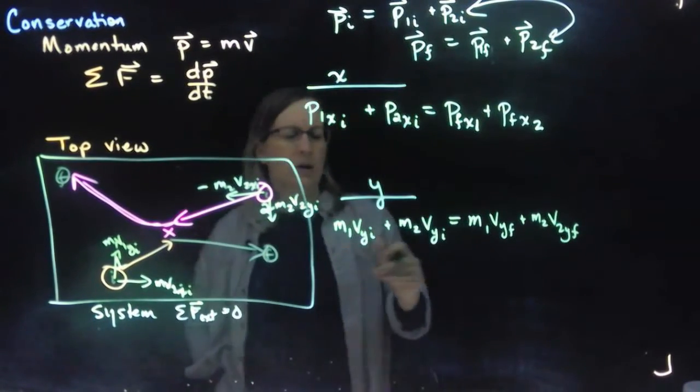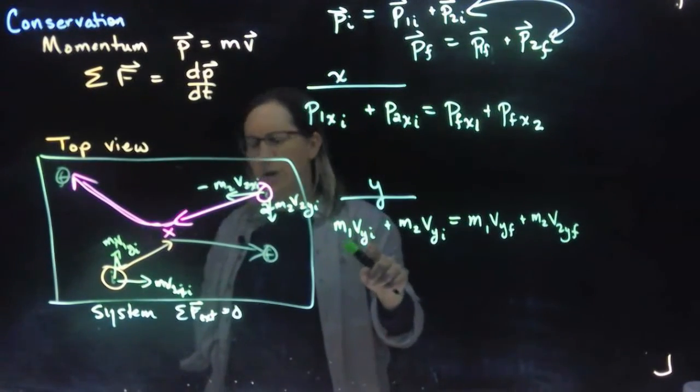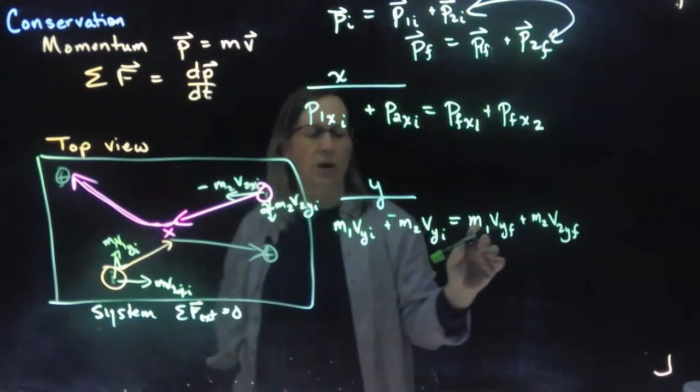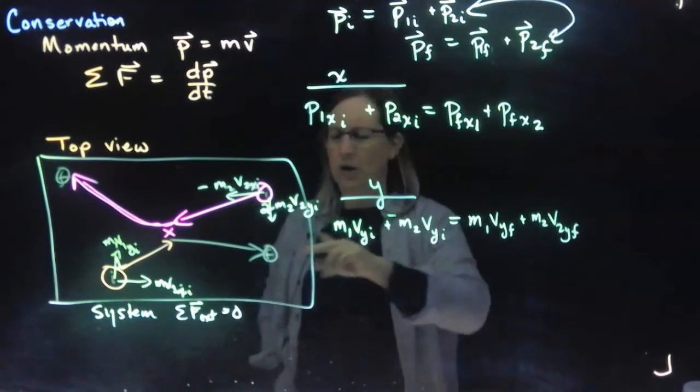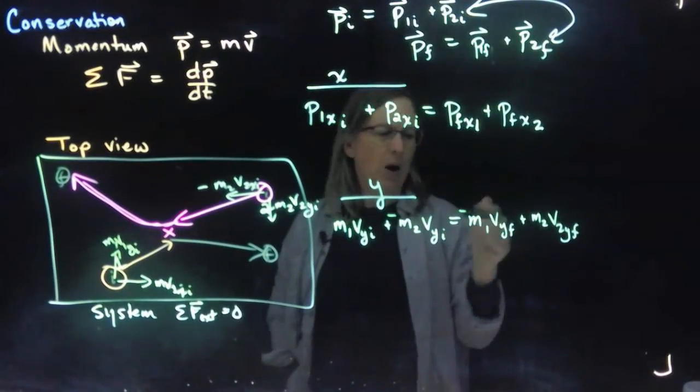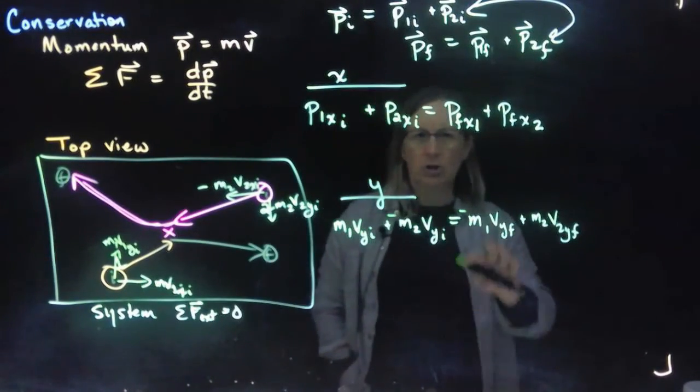Using the signs that I have over here, I would say this one is positive, and for this setup, this is negative. When I get to the other side, this one is going down, so this would be negative, and this one would be positive. So I would set up my equation something like this.